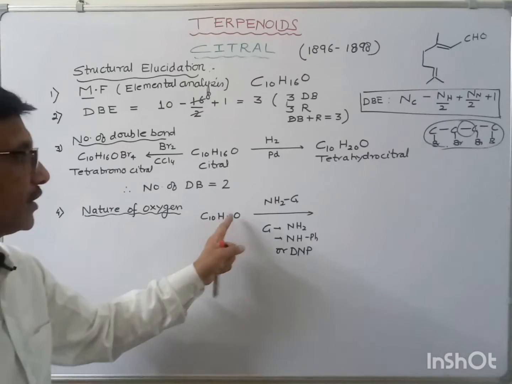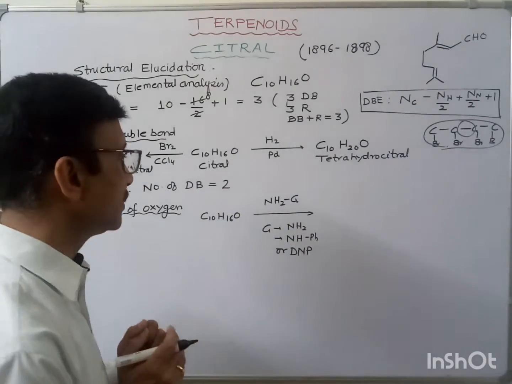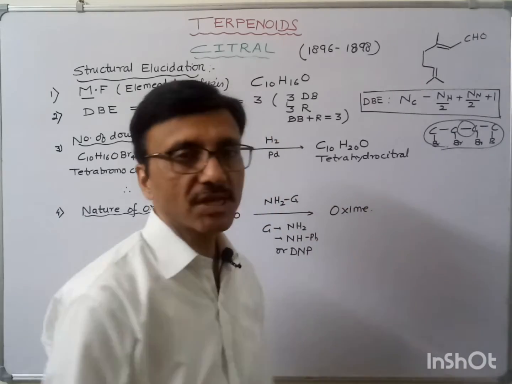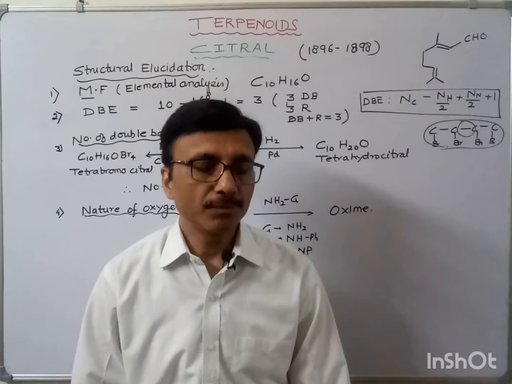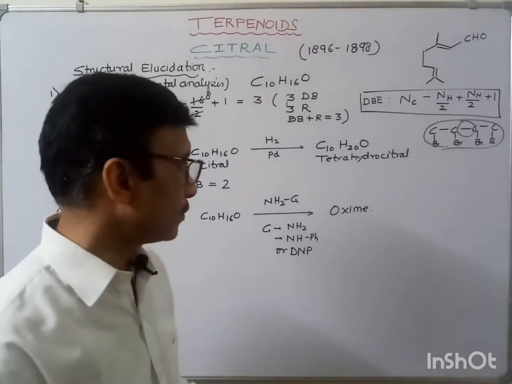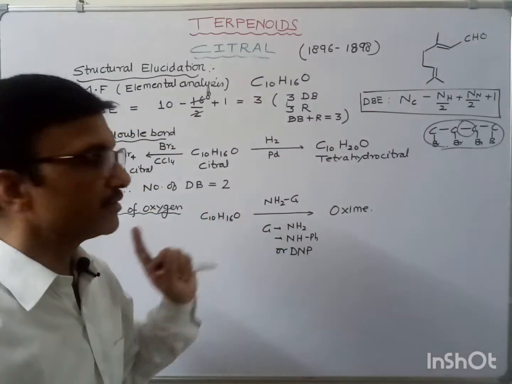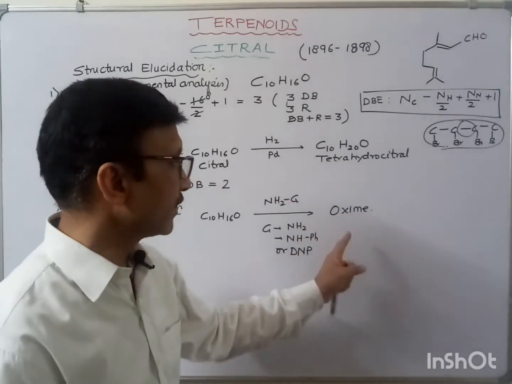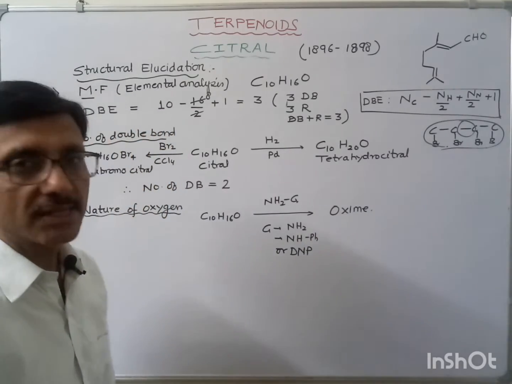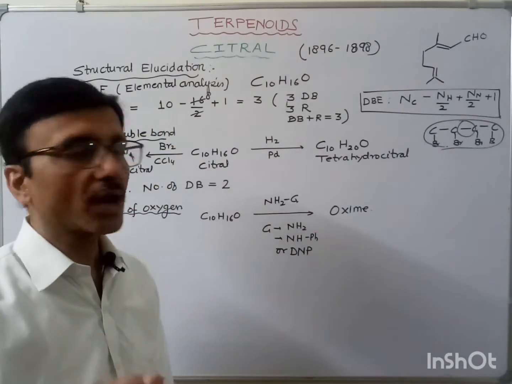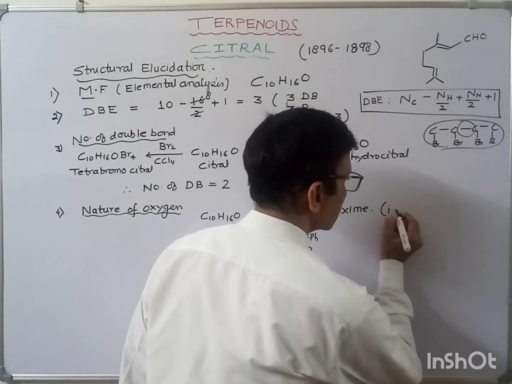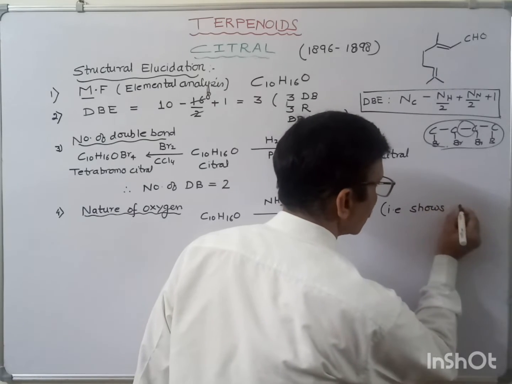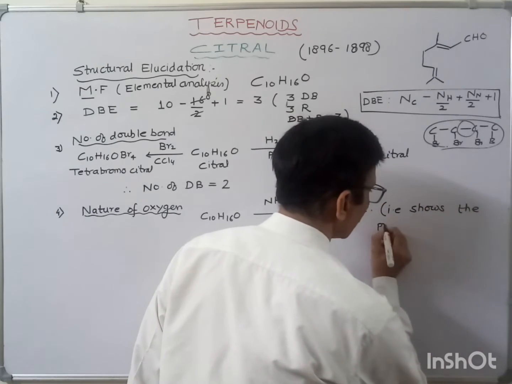If this is treated with hydrazine, then an oxime was obtained, and either an orange or yellow precipitate was obtained. So the formation of this oxime shows the presence of a carbonyl group.